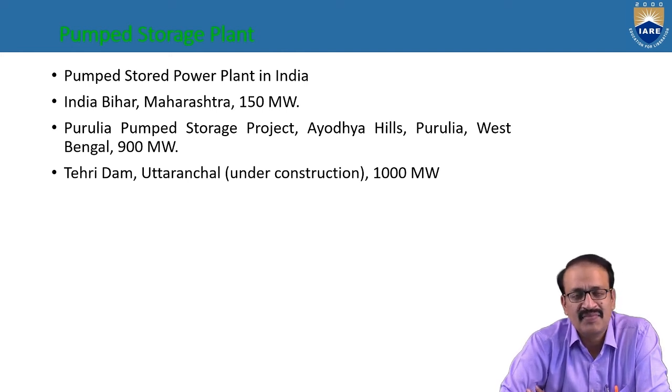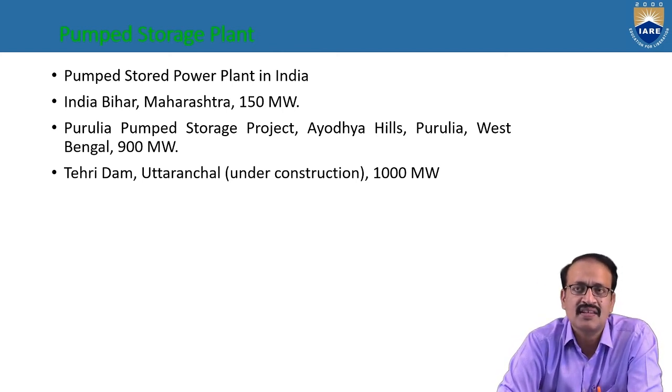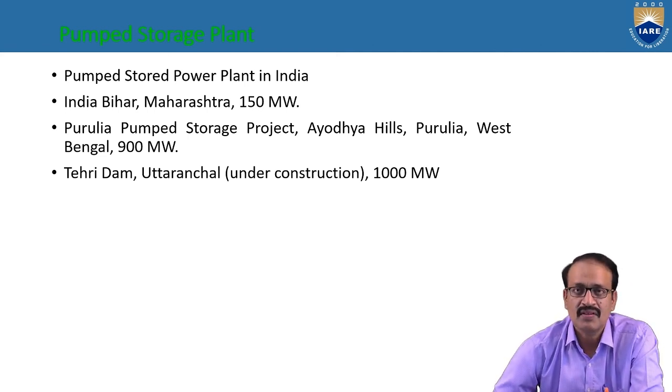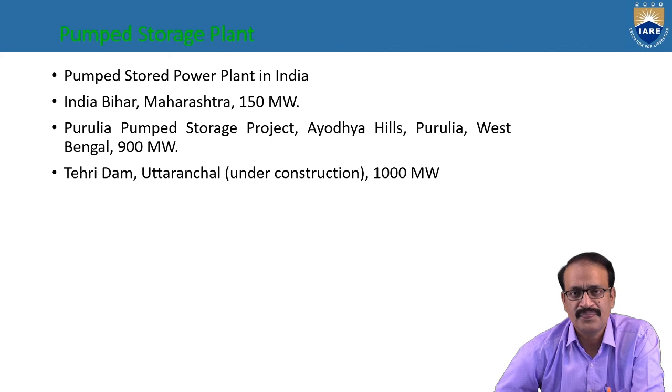In Tehri, the Tehri Dam, which is in Uttaranchal, it is under construction. Its capacity is 1000 megawatt. So this is all about the pumped storage dam, which is useful for meeting the peak loads, peak demands. This is the use of this pumped storage dam.